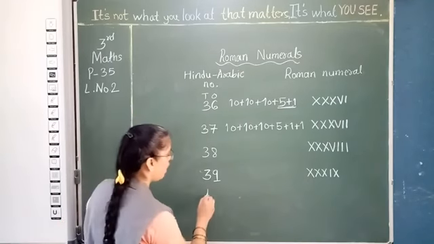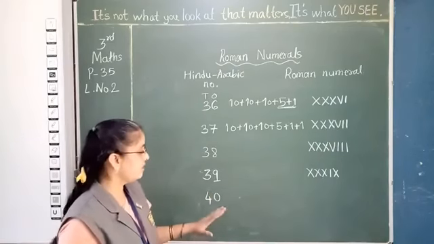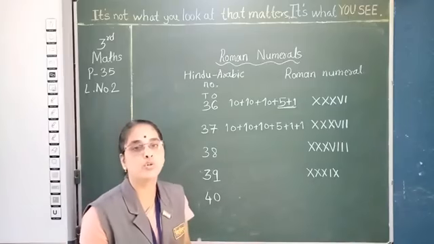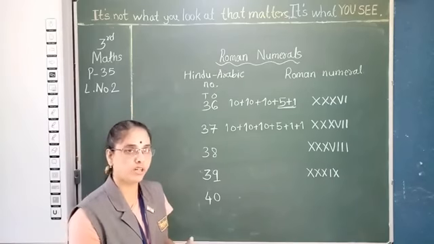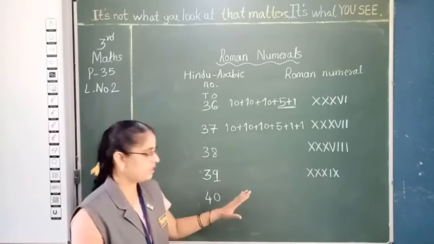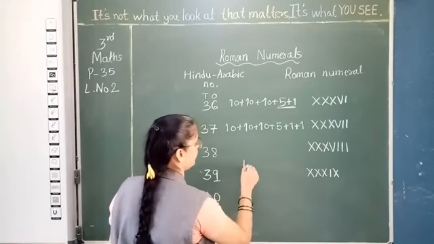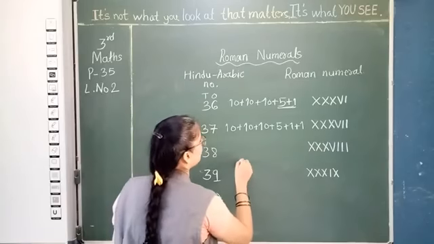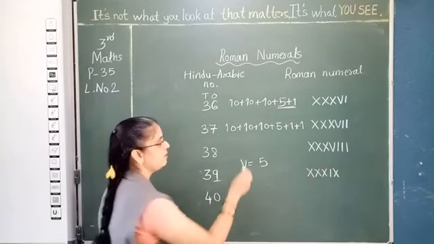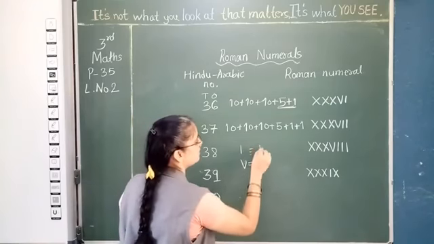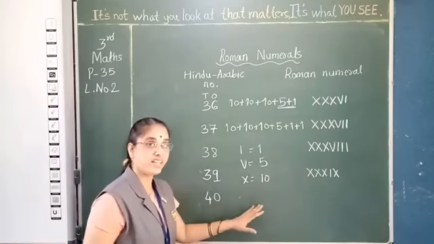But now I will tell you how to form the number 40. As you know, for 40 there is no separate symbol, and we are not going to use X four times. So what are you going to do? For 5 the V symbol is given, for 1 the I symbol is given, for 10 the X symbol is given, and after 10 what is the next symbol?